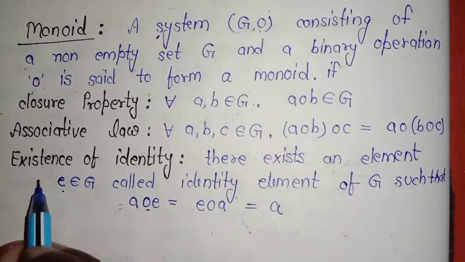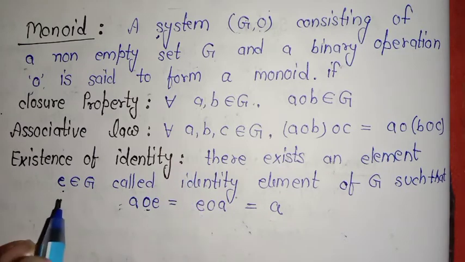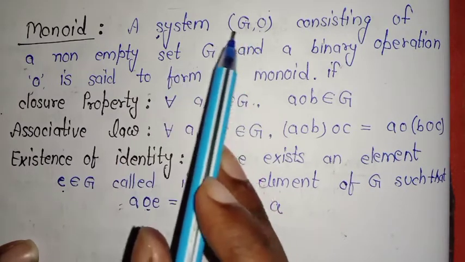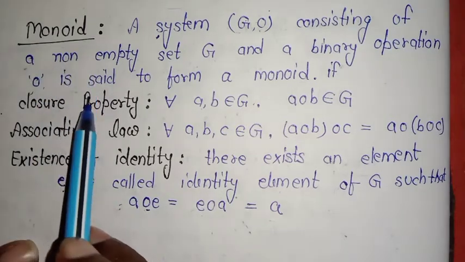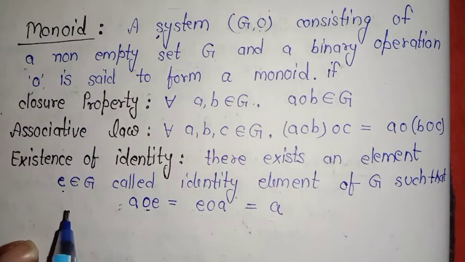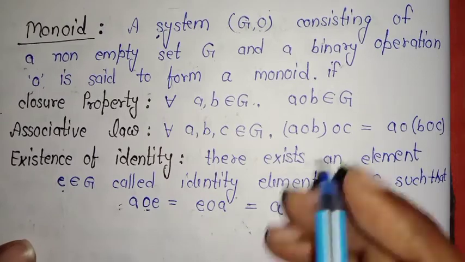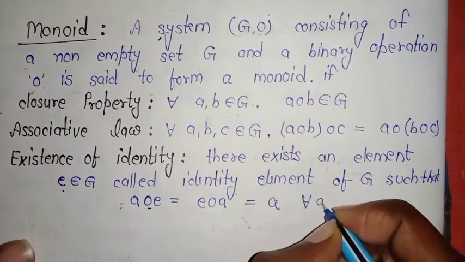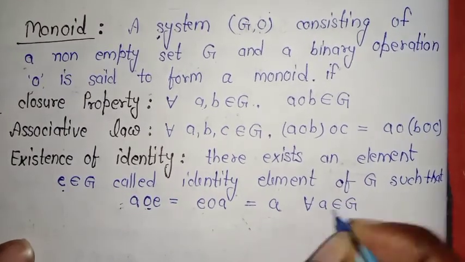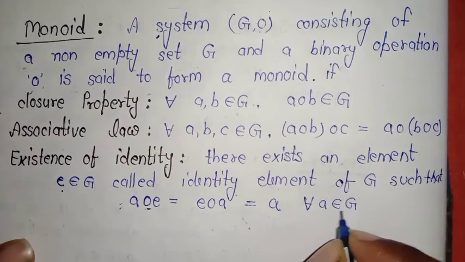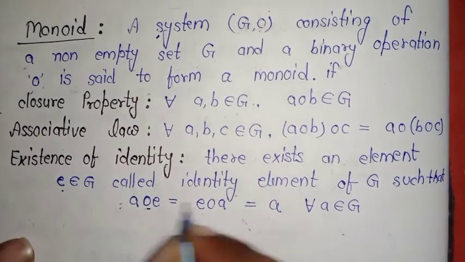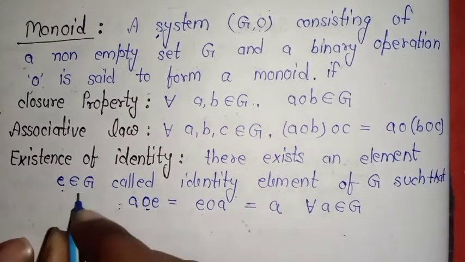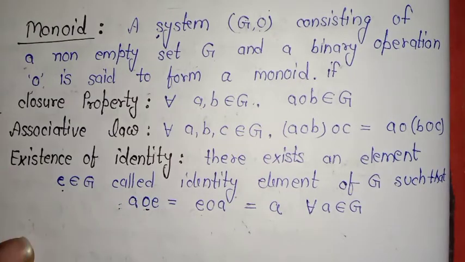So if this property is satisfied in any set, then we can call this system a monoid, if these three properties are satisfied. And this is true for every element of the group G. Whatever element you choose from G and apply with the identity, you will get the same element. So this property is called existence of identity.